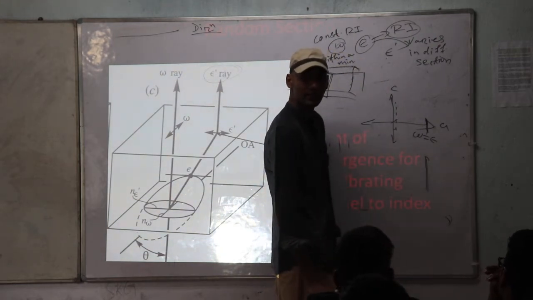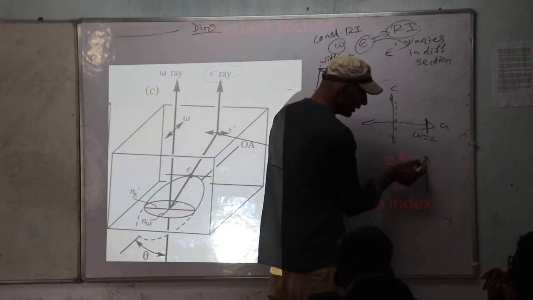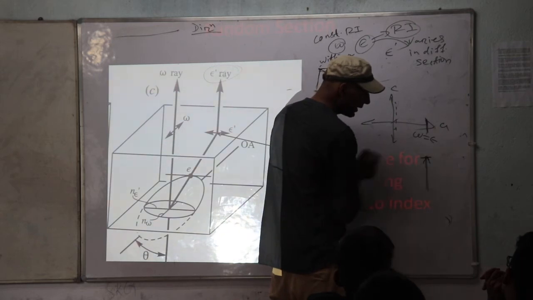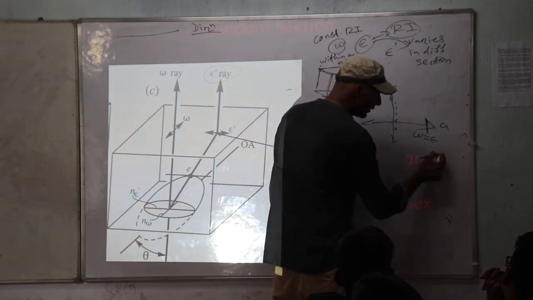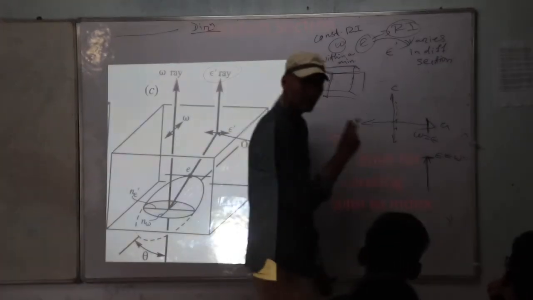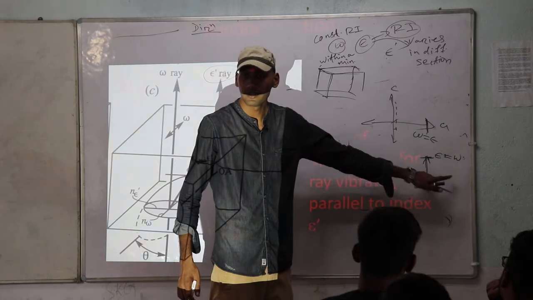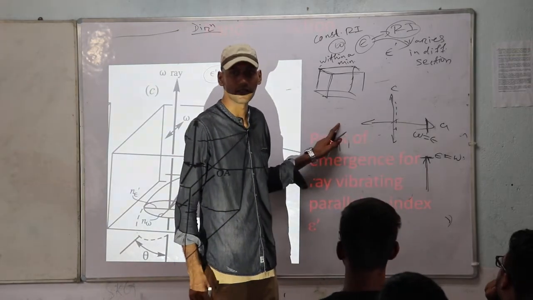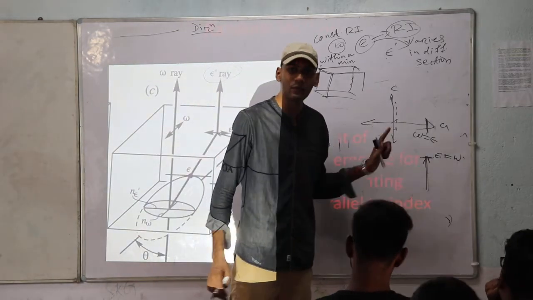You can get ordinary here, you can get extraordinary here. That means at the same position in the same direction you can find both of the rays. So that is known as no double refraction.